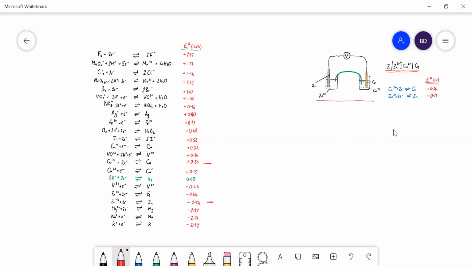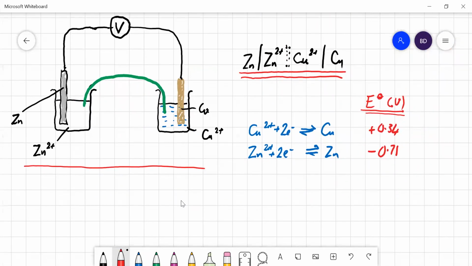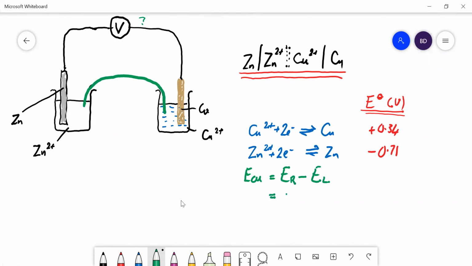Now let's go back to this diagram. I've just written down the electrode potentials again. If we want to work out the voltage of that cell, E cell, what would be the reading on this voltmeter if you did this? We say E cell is equal to the electrode potential of the right hand side minus the electrode potential of the left hand side. So the right hand side is 0.34 minus minus 0.76 for the zinc.